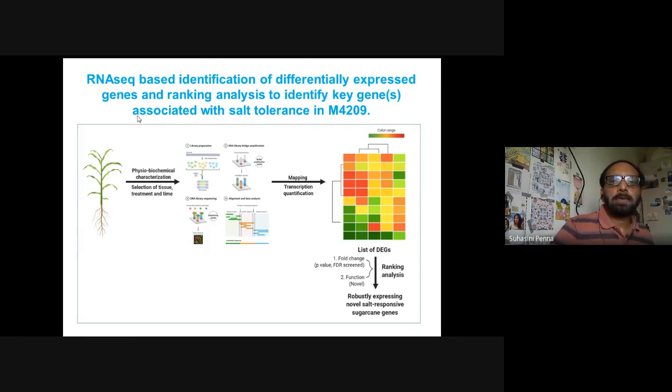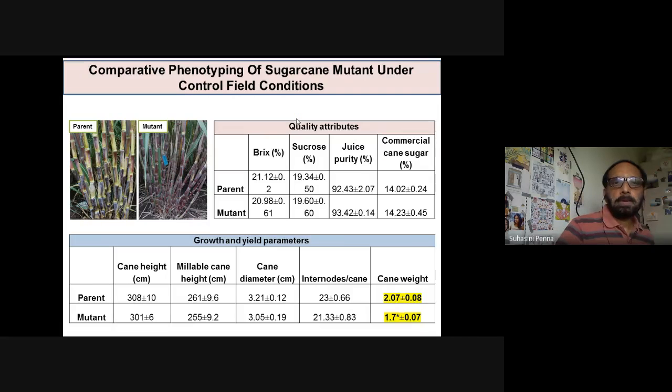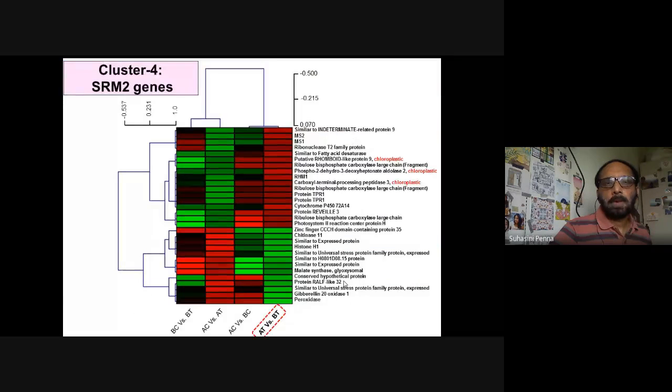For example, we used RNA-seq-based identification of differentially expressed genes in one particular mutant which had very good salt tolerance. This was a methodology slide, how we adopted it. This is that particular mutant which I told you was performing better under saline field conditions. So we looked into the genes which are very important for the mutant to perform better under saline conditions, and to our interest, some chloroplastic genes were highly expressed.